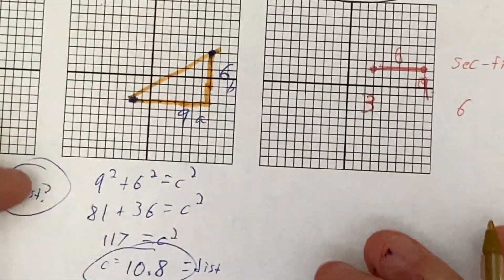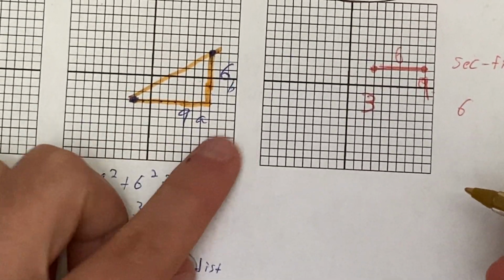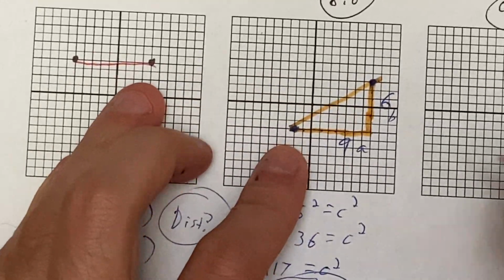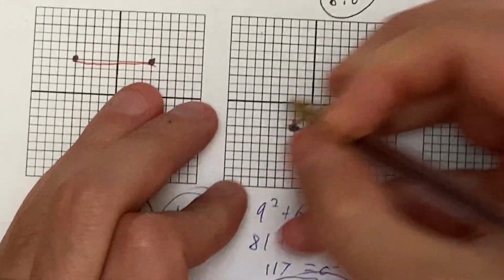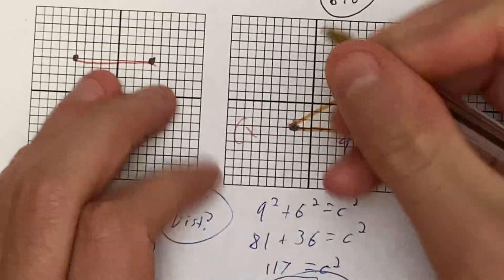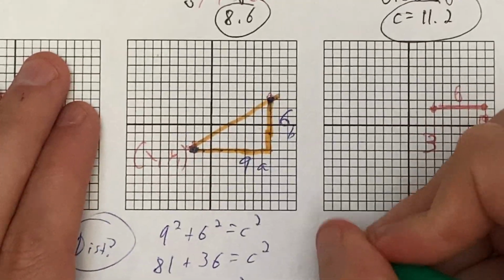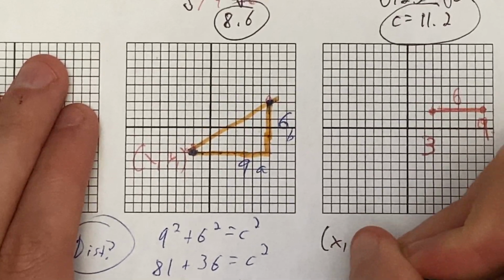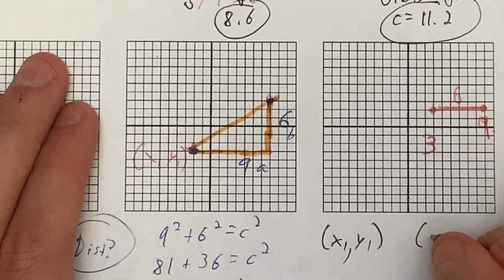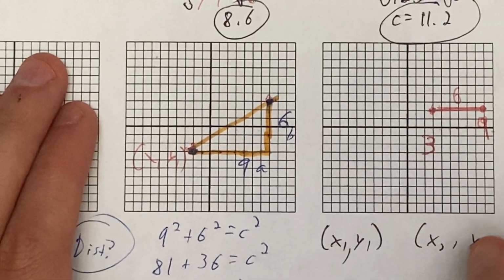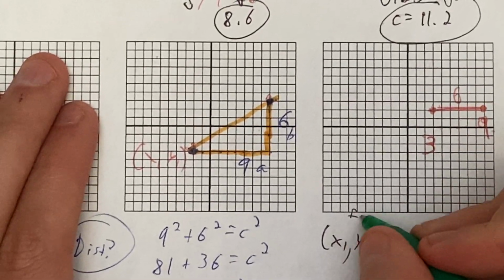And that's actually what we're going to do in this formula as well. If you have also forgotten, when we have two ordered pairs, we call the first one x1, y1, which I'm going to write over here, and the second one x2, y2, just for first and second.